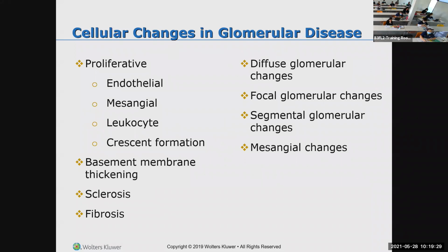Now, these are the proliferative types. Number 2 is basement membrane thickening, sclerosing type, fibrosis type. We see these under the microscope in the glomerulus of the kidney. Maybe there are diffuse changes, maybe focal, maybe segmental, or they may involve mesangial cells. There is a diagram in the textbook of those changes.